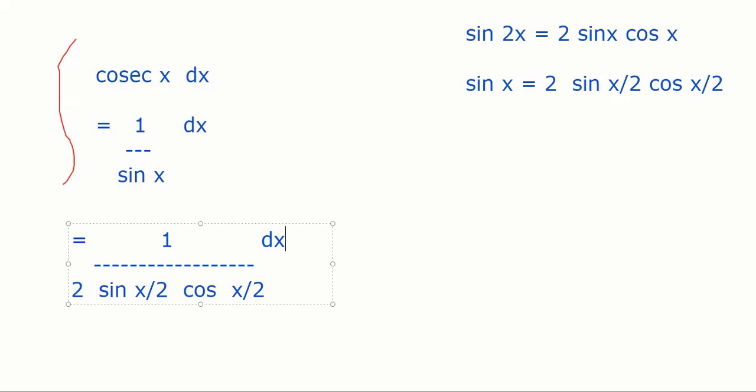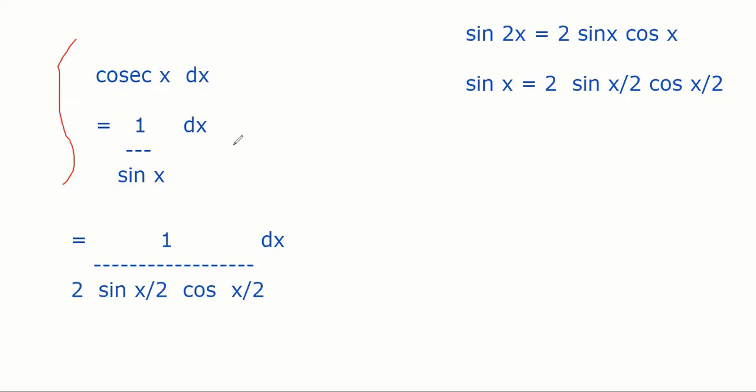So 1 by 2 into sin x by 2 cos x by 2, correct? Now, if I want to make the denominator as tan, tell me what should I do? Just tell me that. If I want to make denominator as tan of x by 2, what should I do? I should divide with cos square, right? Yes, sir.